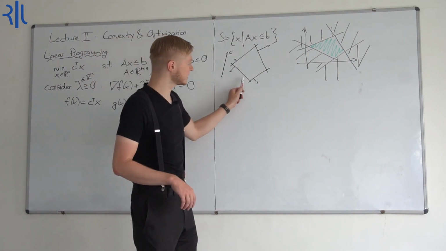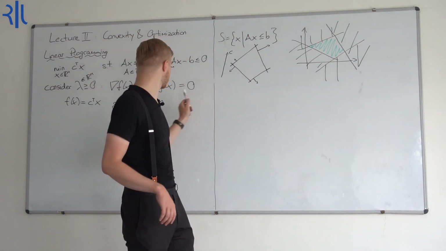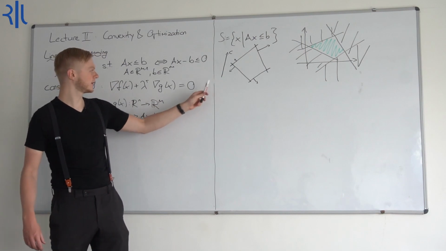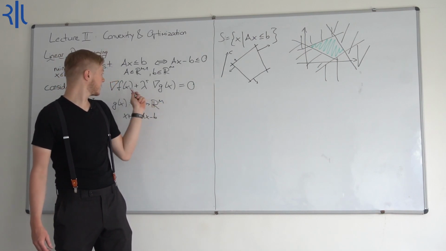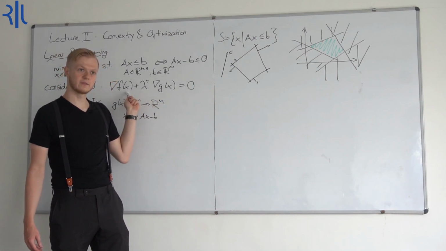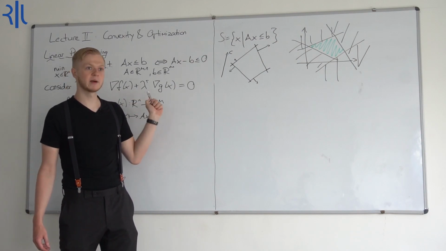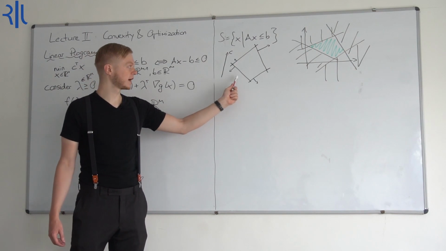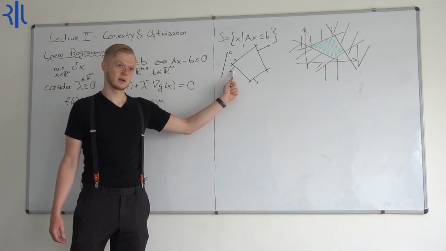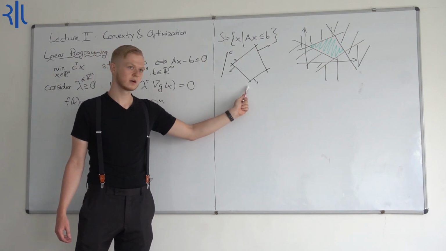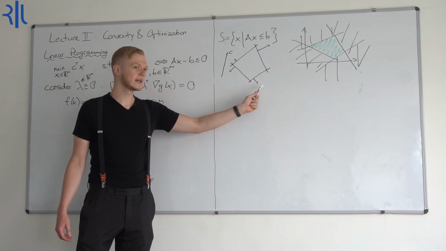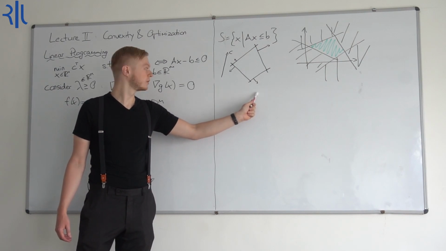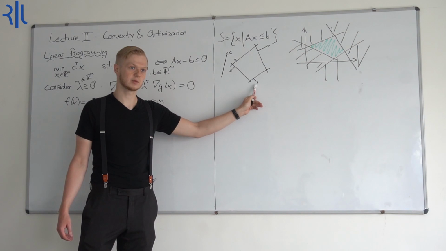So when we hit this wall, we cannot find a solution to this equation here, because C is not in the span, if you remember from last time, of this gradient. However, when you go further down to the corner, then it is in the span, when you take that gradient as well.